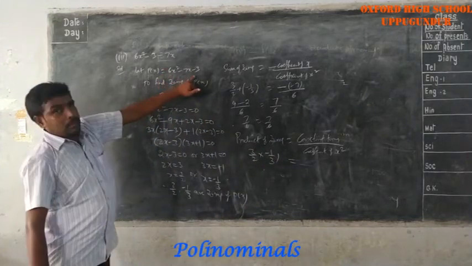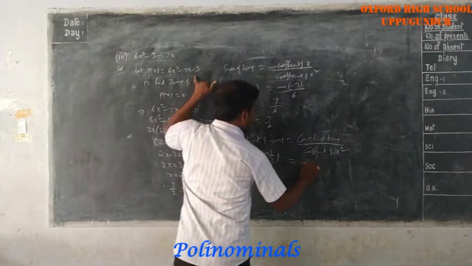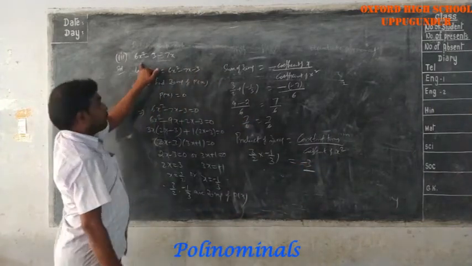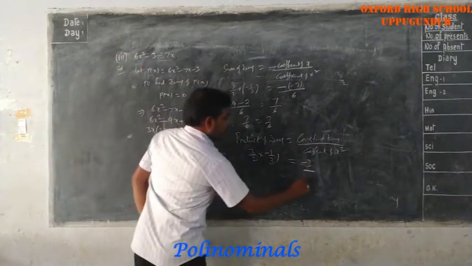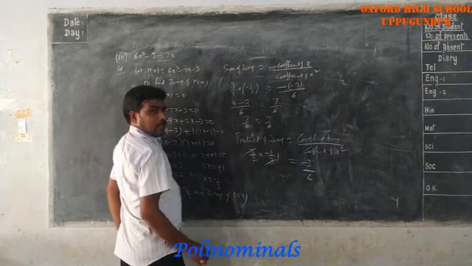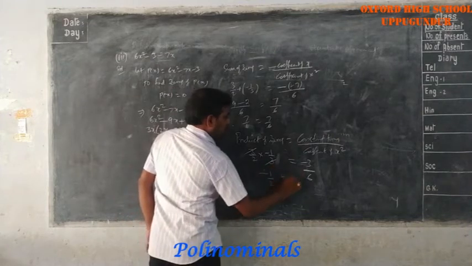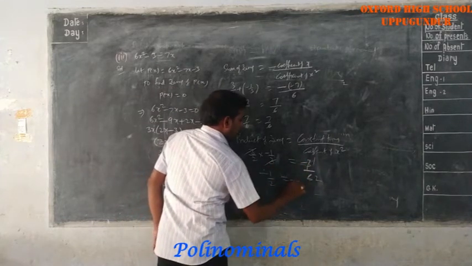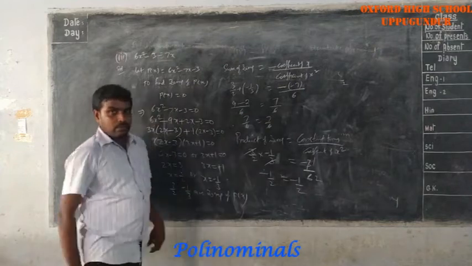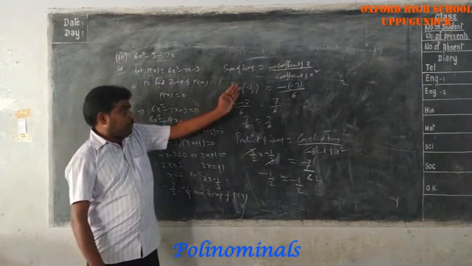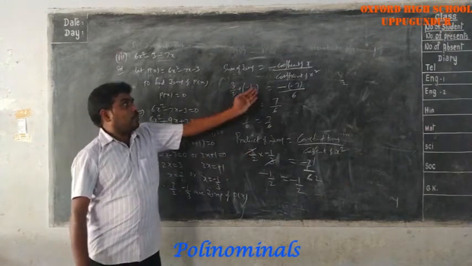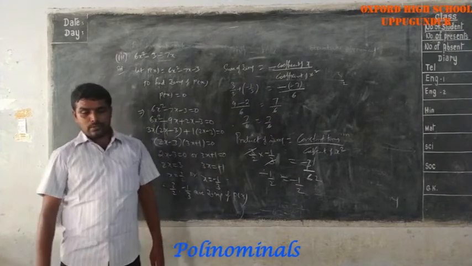Constant term is minus 3 by coefficient of x square is 6. Here 3 gets cancelled. Minus 1 by 2. You will get minus 1 by 2. So in this way you can verify sum of zeros and product of zeros with their coefficients.